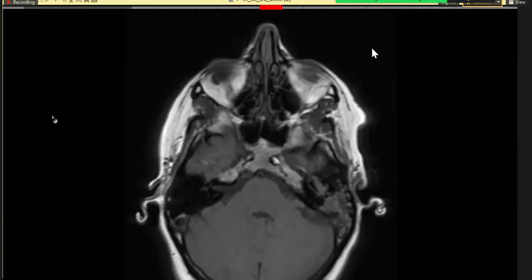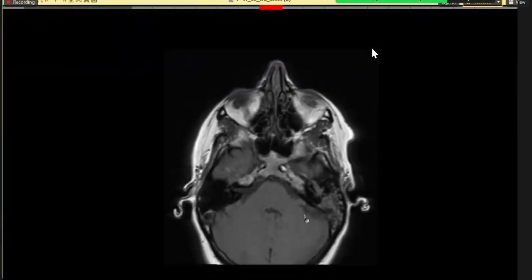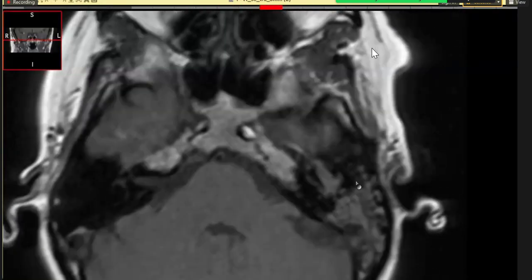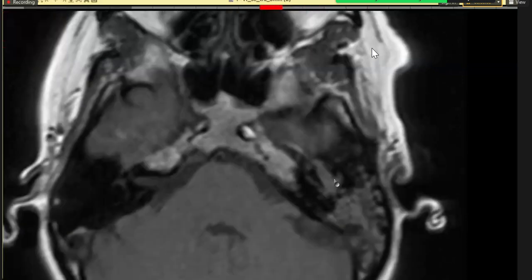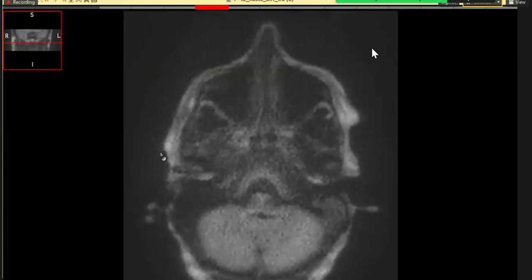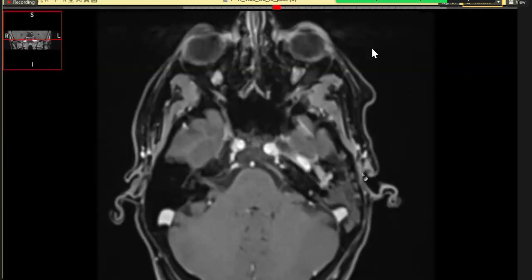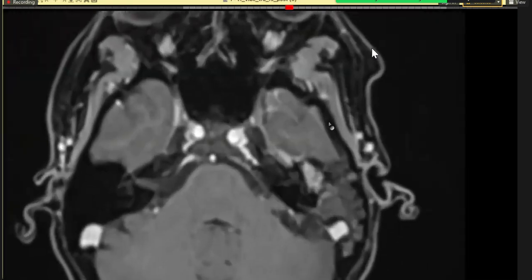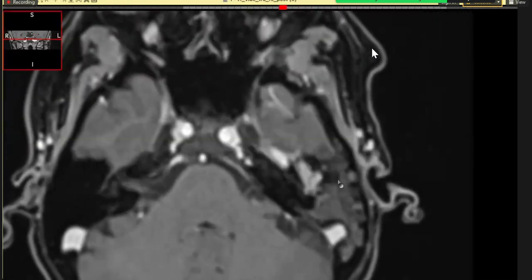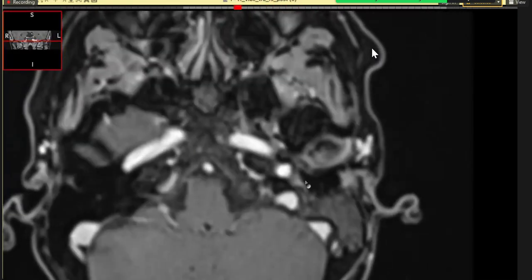And this is pre-contrast T1, and this is how it looks. On post-contrast, there was no restricted diffusion, by the way, in this case. And then on post-contrast, it enhances completely.